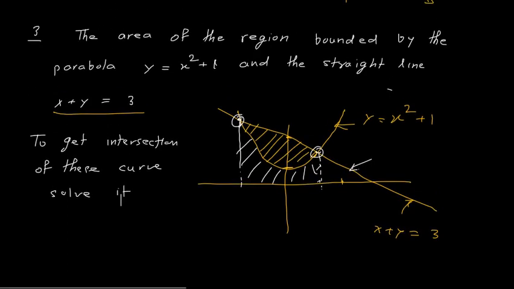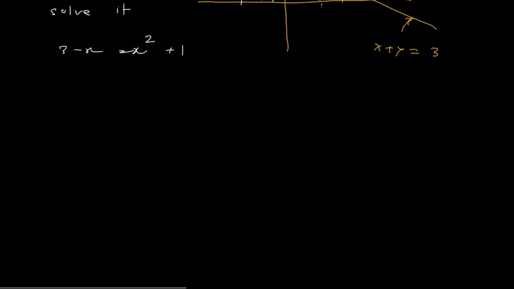In place of y in this equation, I can replace 3 minus x. So I will say that 3 minus x is equals to x square plus 1. Okay, so this is a quadratic equation. X square, this minus x will come here, it will become plus x. This 3 will come here, it will become minus 2 is equals to 0. So x square plus x minus 2 is 0.